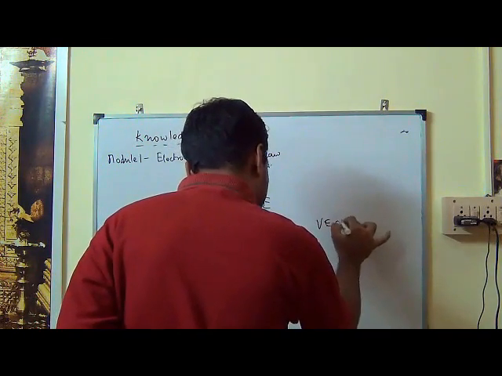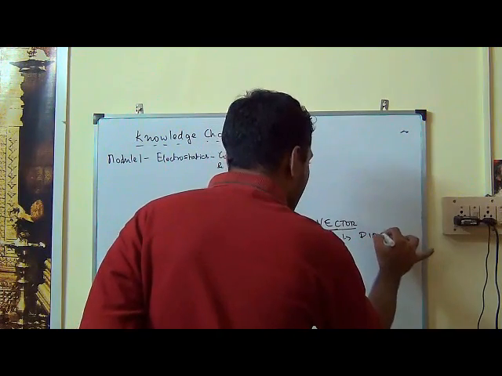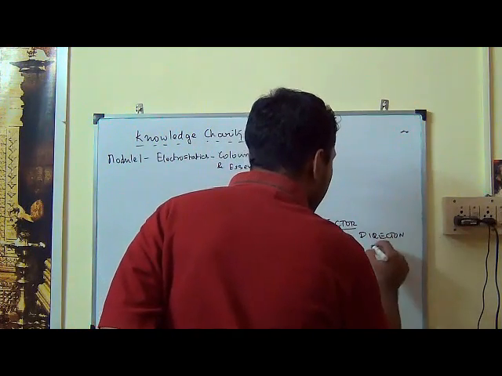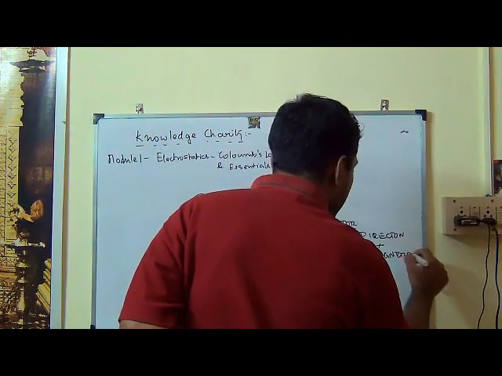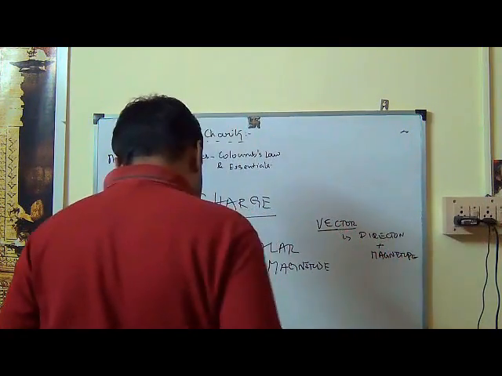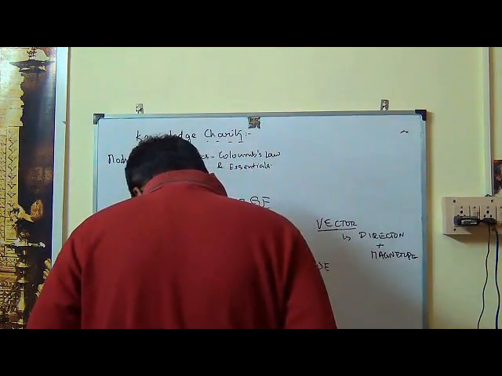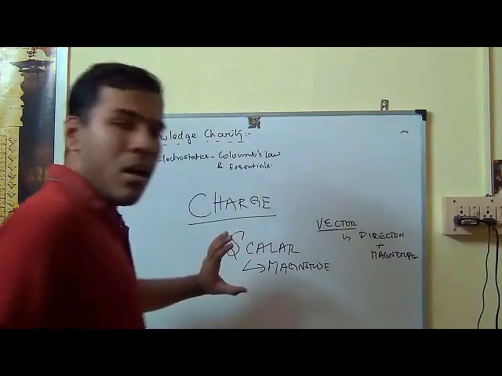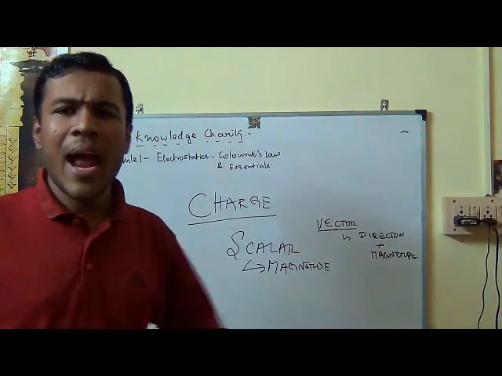A vector quantity is a quantity which has direction along with magnitude. Very simple. The concept of scalar and vector is very simple. Scalar has only magnitude, vector has both magnitude and direction.